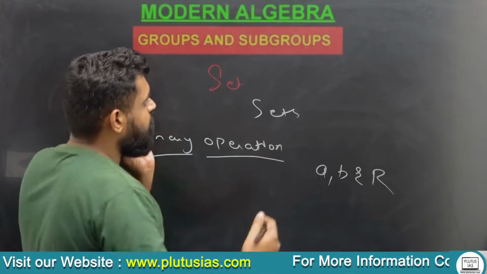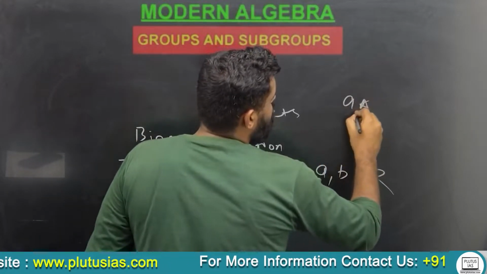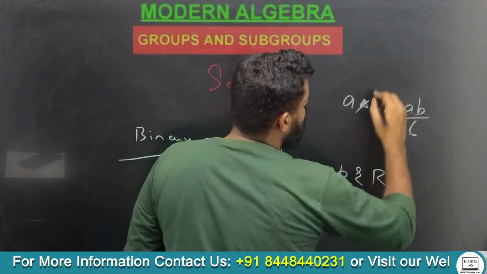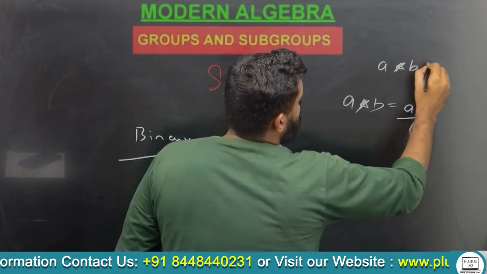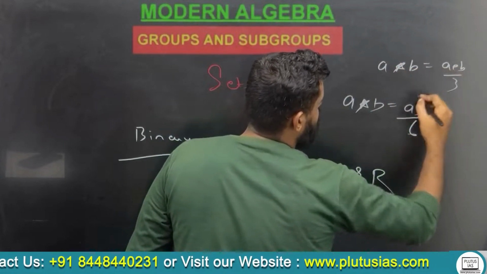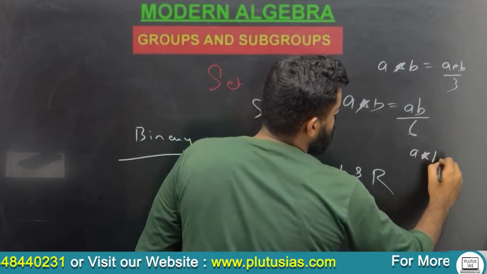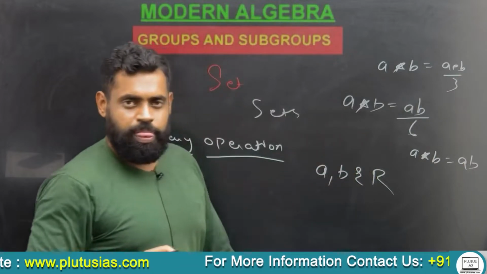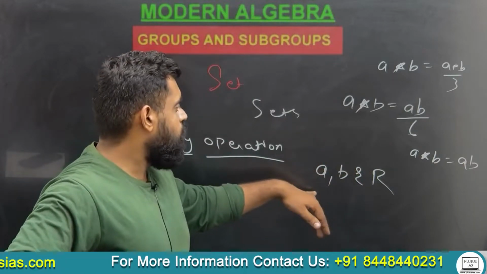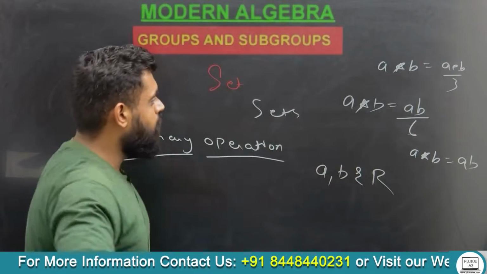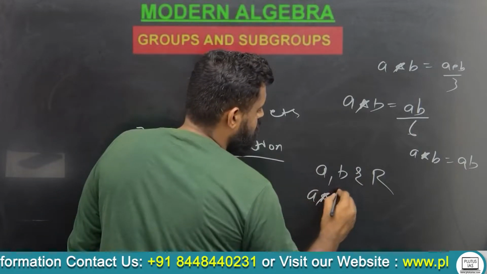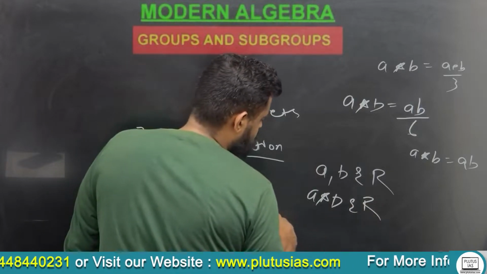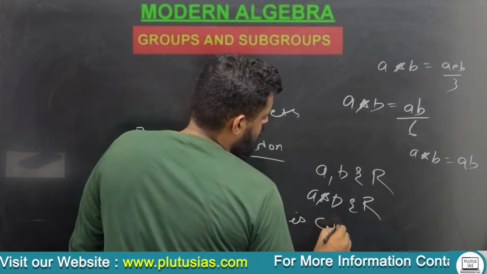Suppose I define a operation b by ab upon 6, or a operation b by a plus b upon 3, or a operation b equal to ab, that's the simple multiplication. If for all a, b belonging to R, a operation b belongs to R, then this operation is called a binary operation.